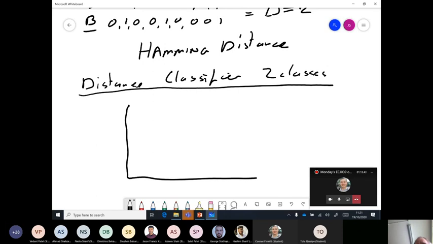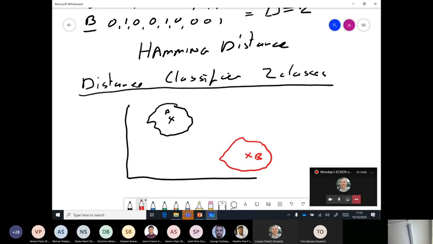Let's have a situation where we've got a pattern class. I'll draw this as a cluster of points, and the typical one in the middle would be A, and a second class, and a typical pattern within that class would be B.